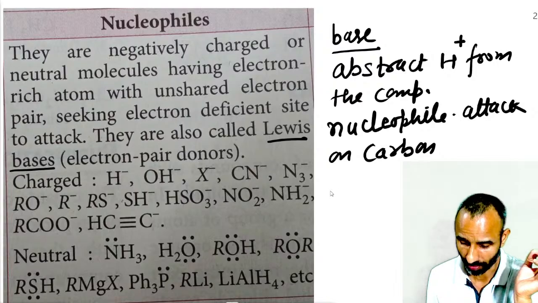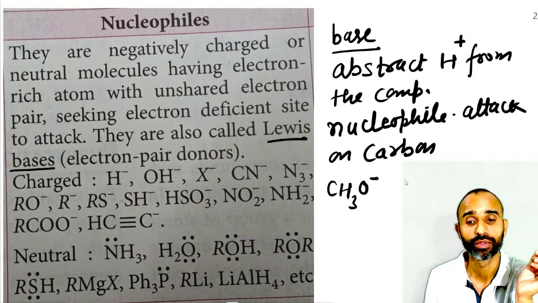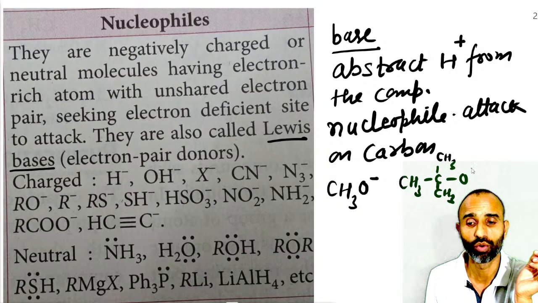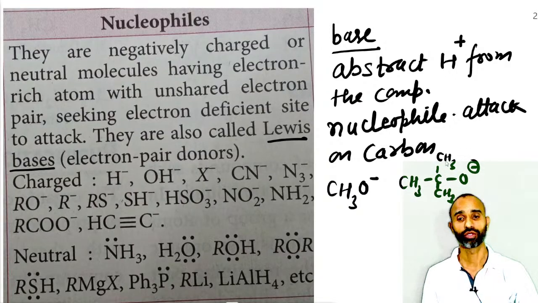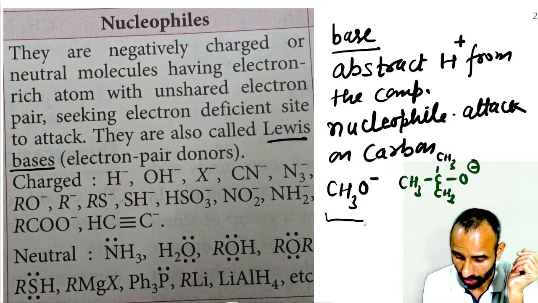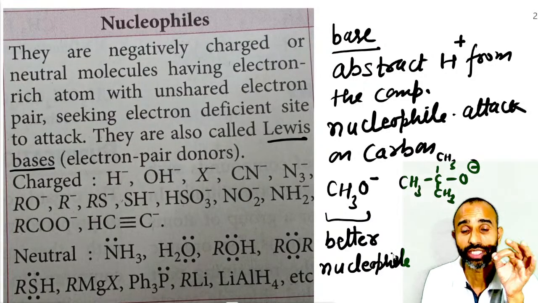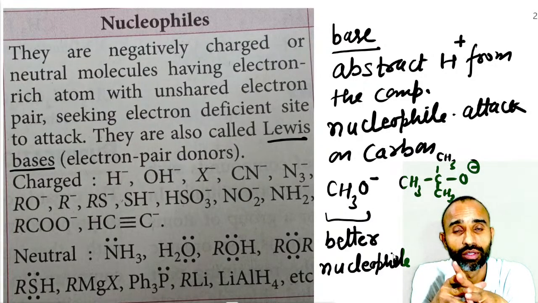For example, if we have CH3O negative and (CH3)3CO negative, and we compare them, the first one is the better nucleophile, because it can easily attack at carbon because of its small size.